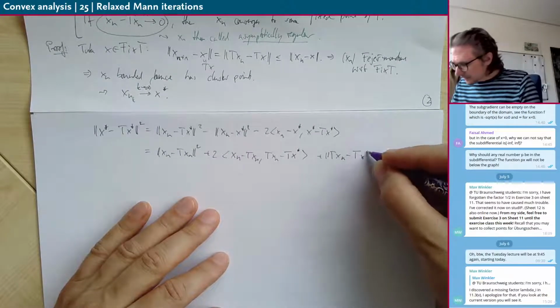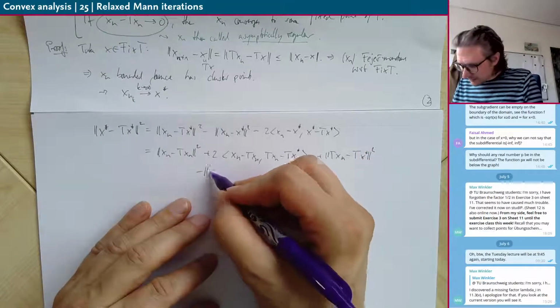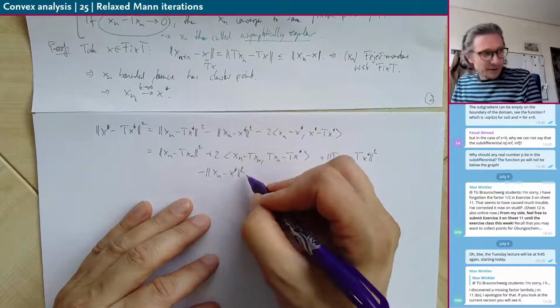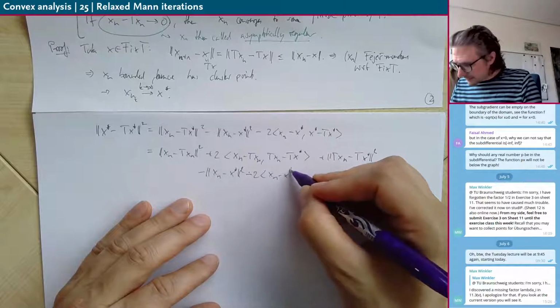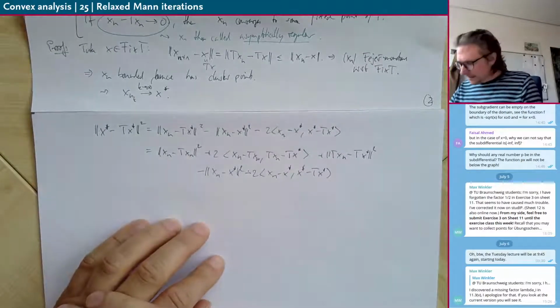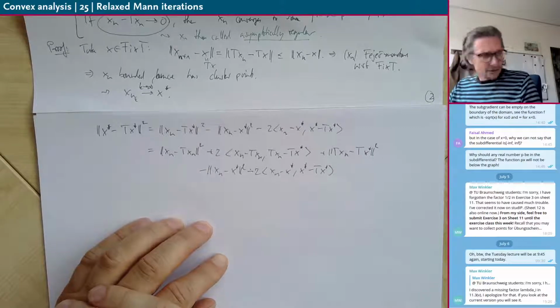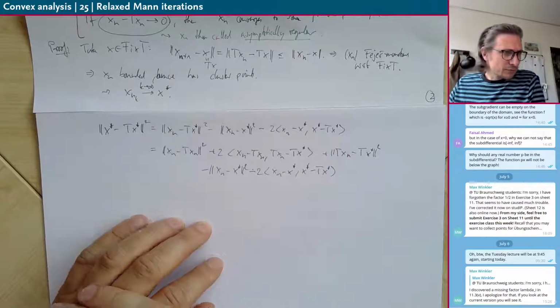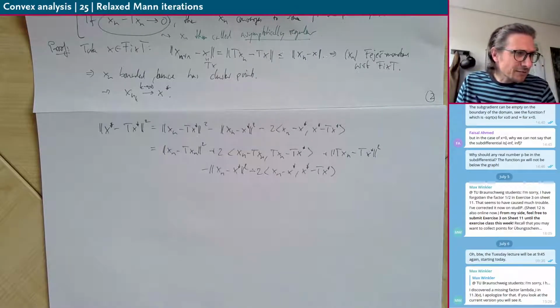No, that's exactly what we wanted to have. And this is still subtracted, the norm of x_n minus x star, squared, and we also have this negative product with x star minus T of x star. Okay, so and now what do we get? Let me check. Hopefully there's nothing broken with the factors here.